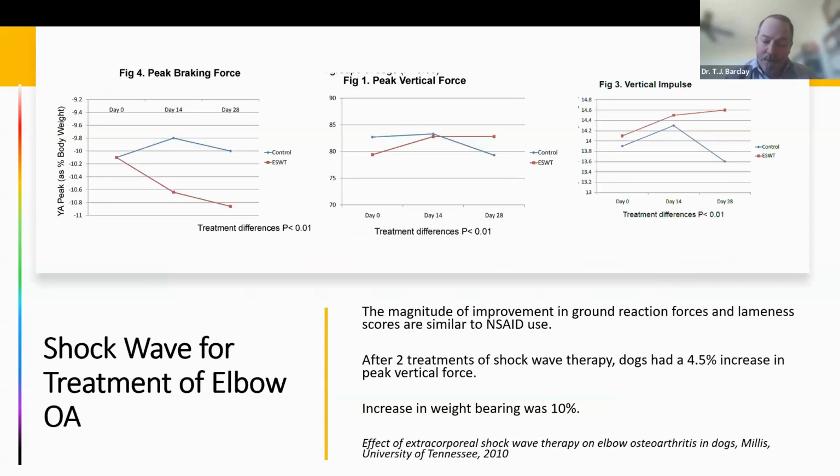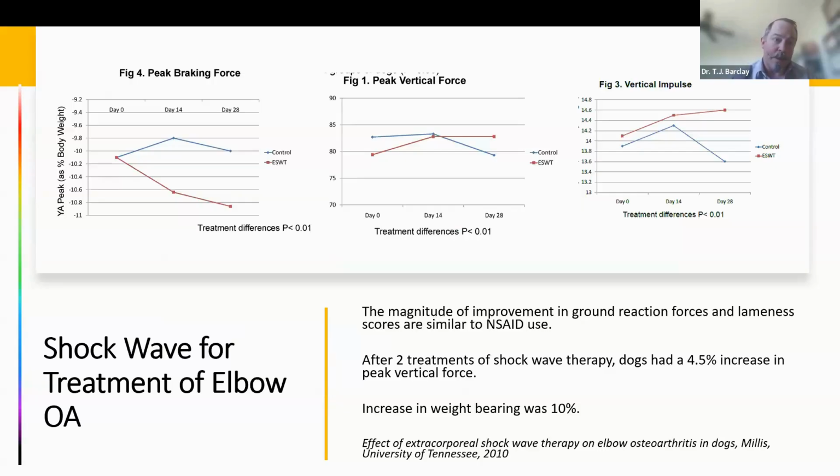Getting back into veterinary medicine here, this was a study done by Dr. Marty Drum at the University of Tennessee, looking at the treatment of elbow arthritis with shockwave therapy.